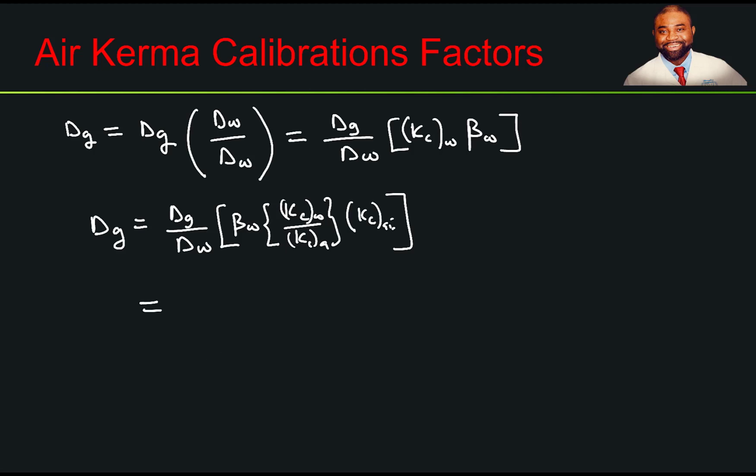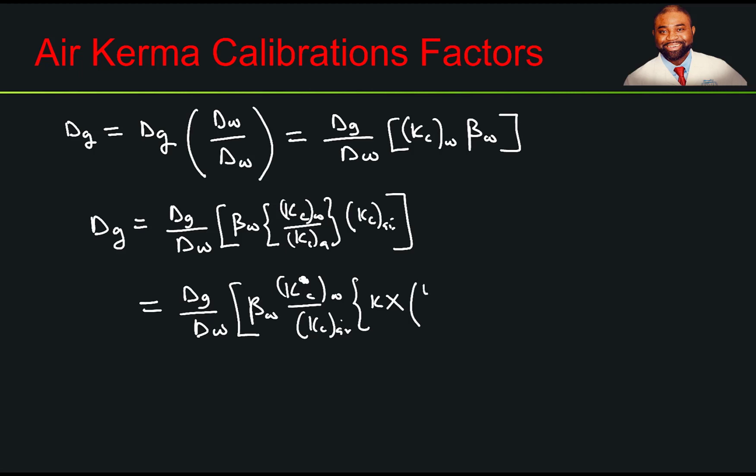This will be equal to D gas over D wall multiplied by beta wall, K wall, K air, multiplied by Kx. Remember the exposure for collision KMR of air.